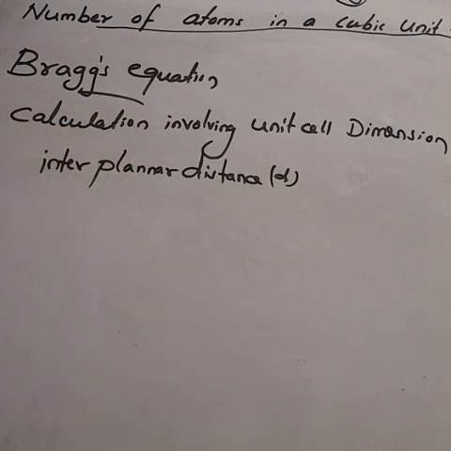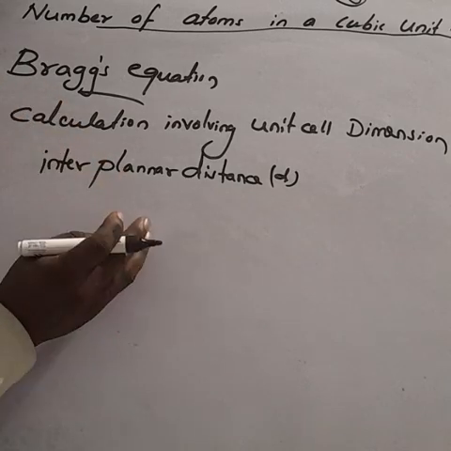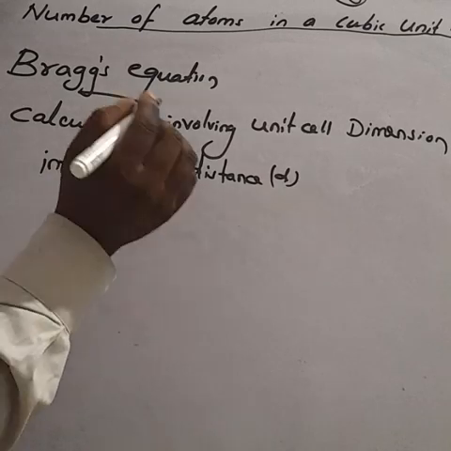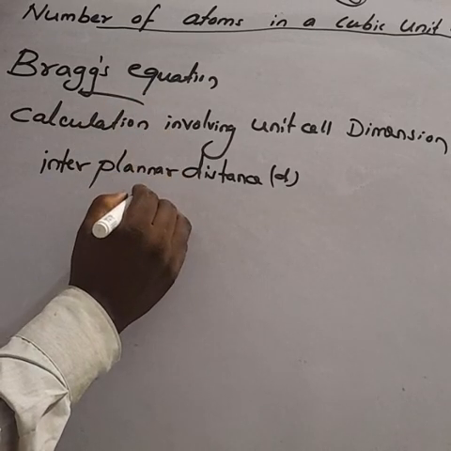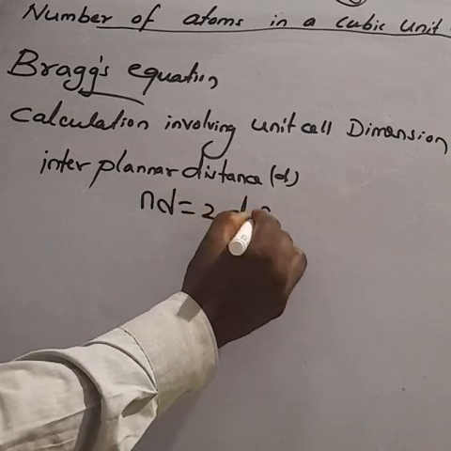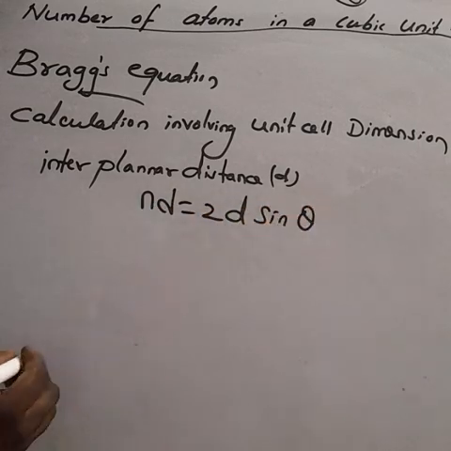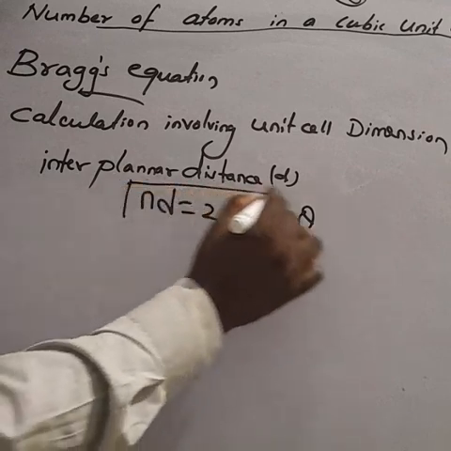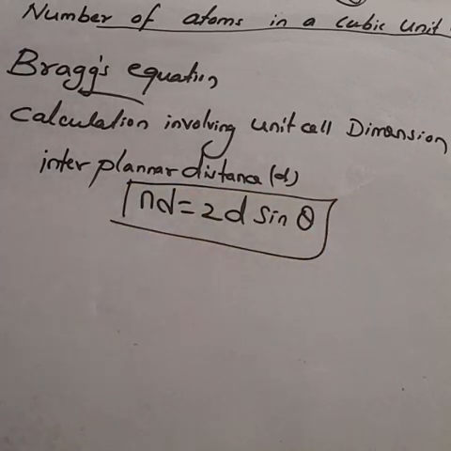One of the equations: n lambda is equal to 2d sin theta. n lambda is equal to 2d sin theta.